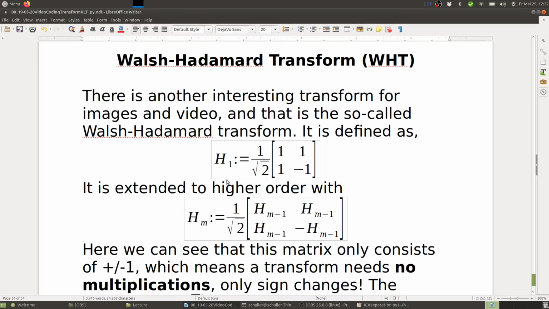And then we obtain higher order of this transform by this recursion, right? HM consists of 4 of those HM minus 1, which we plug in here. And then we have another normalization for orthonormality. So in the end, this matrix always consists of only plus minus 1s, right?